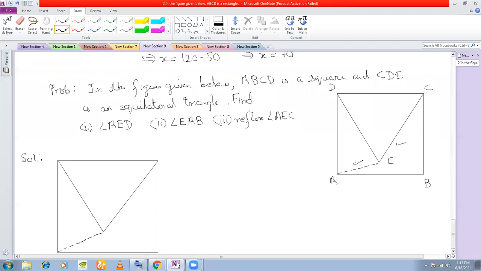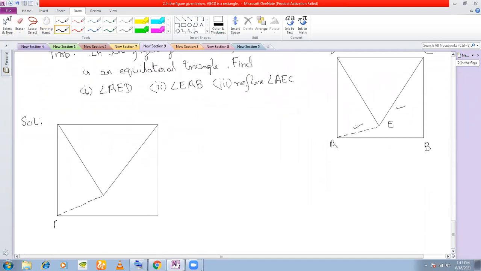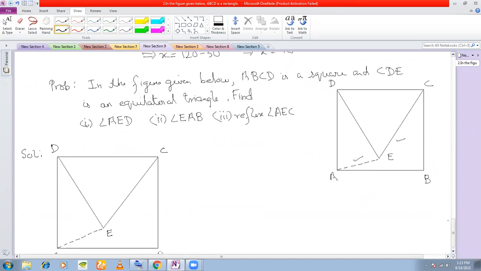They are different lines. Note this. A lot of you make mistakes here in confusing that these two are the same straight line. Now this is the given figure and no angle is given, and you need to find out angle AED. So let's do the first part of the question.